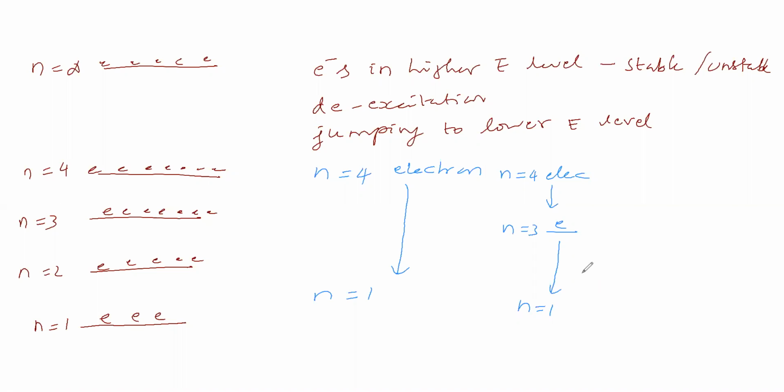Similarly, when we come down from the first floor to the ground floor, we come down step by step, or two steps at once. Like this only. So the electron in the fourth level may jump to the third level, then to the first level. Otherwise it can jump from the fourth to the third, the third to the second, and the second to the first level. It can jump in any way.